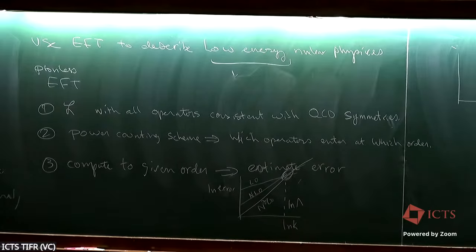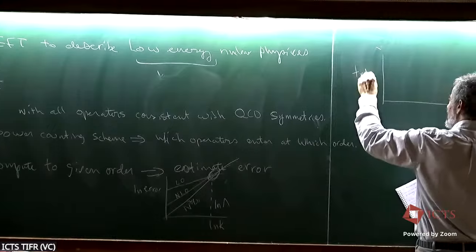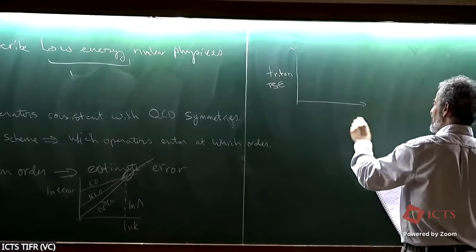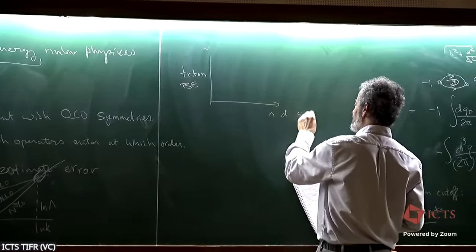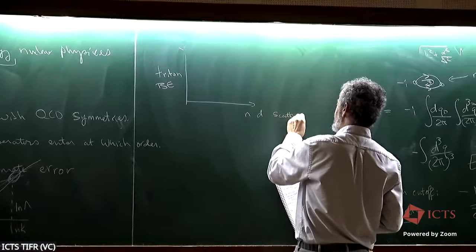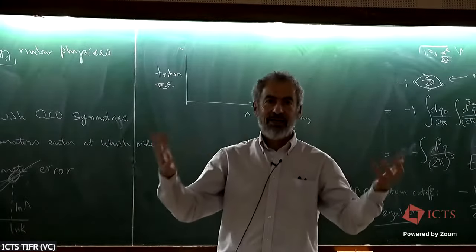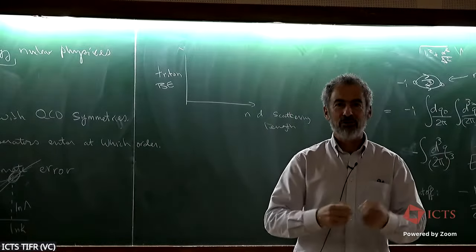And a beautiful example of the value of effective field theory is if you look at the Phillips plot, and unfortunately I didn't get a copy with me. If you plot the triton binding energy versus the neutron-deuteron scattering length, prior to effective field theory, what people would do is they would come up with what they think were good potentials to describe nucleon-nucleon interactions.